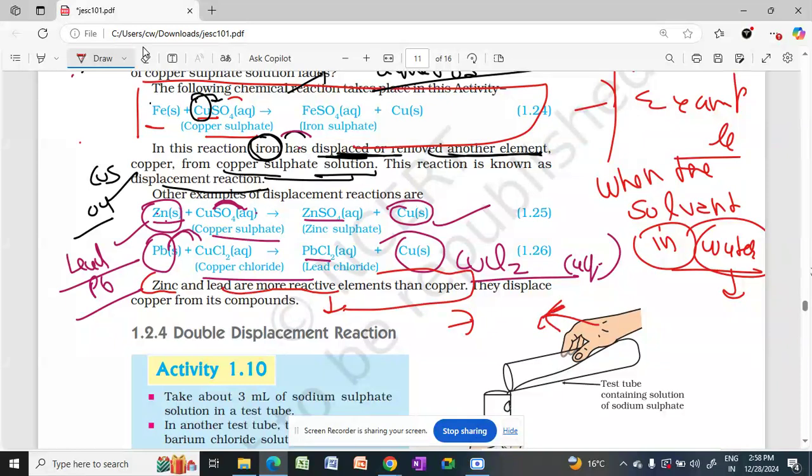How? Because he or she has more marks. In the same way you can remember that zinc and lead are more reactive, so that's why they displaced copper from the solution. Clear?